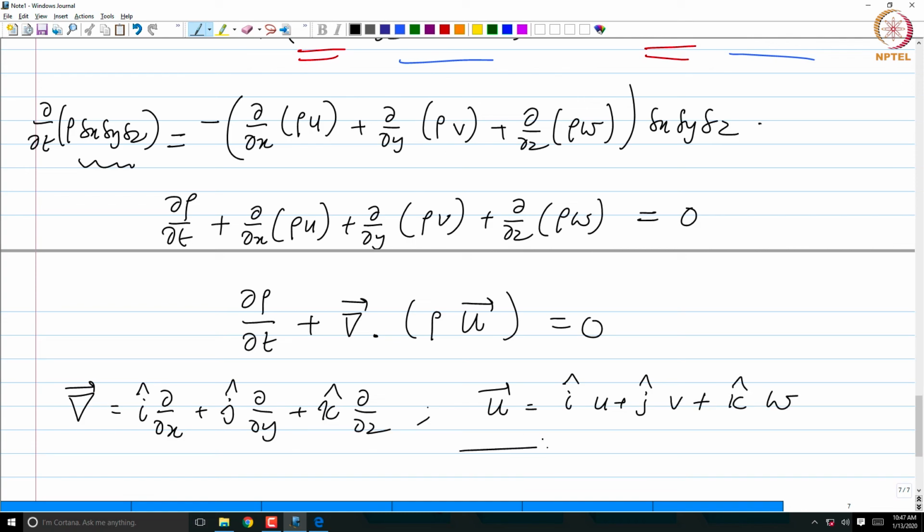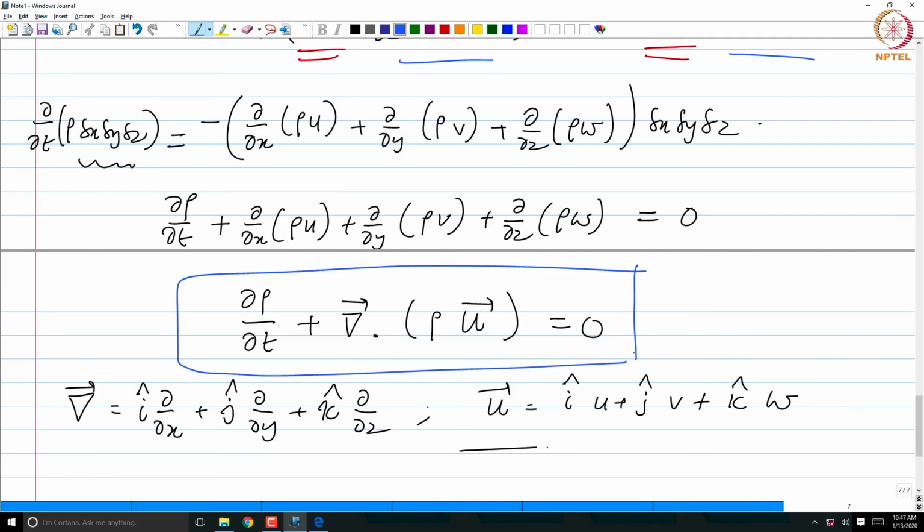So this is nothing but the unsteady conservation of mass for a compressible fluid.